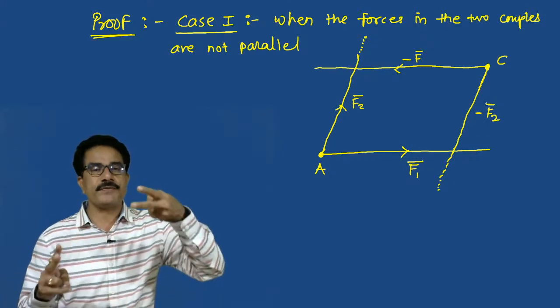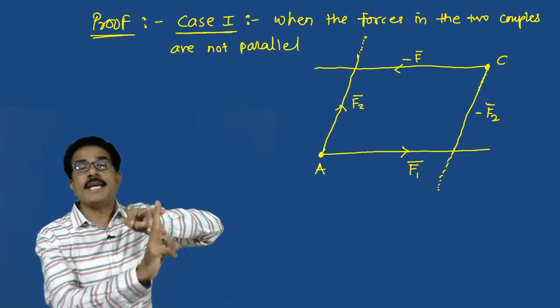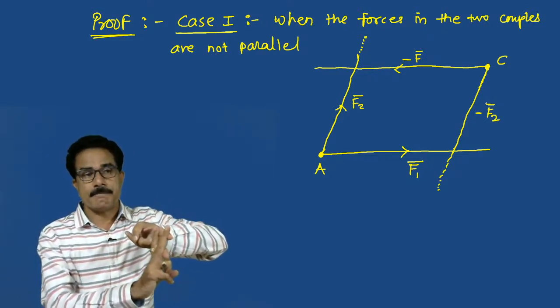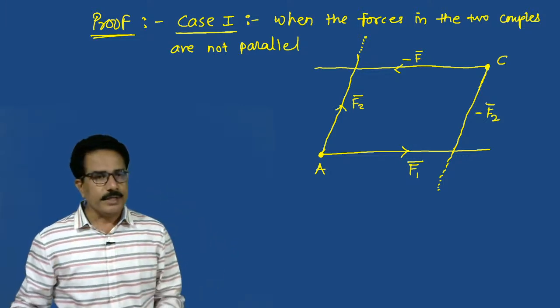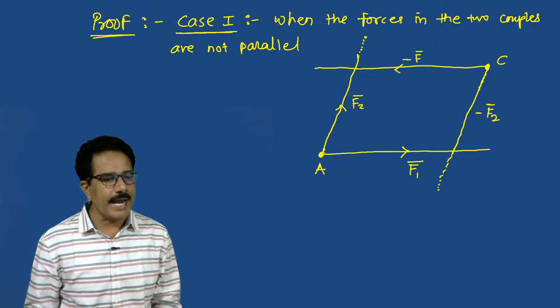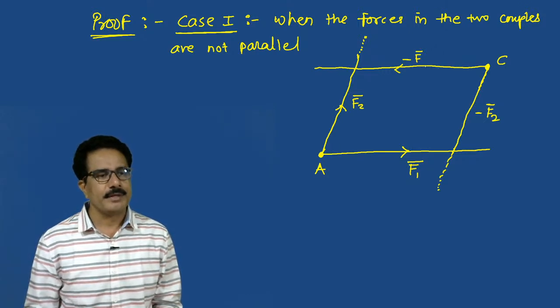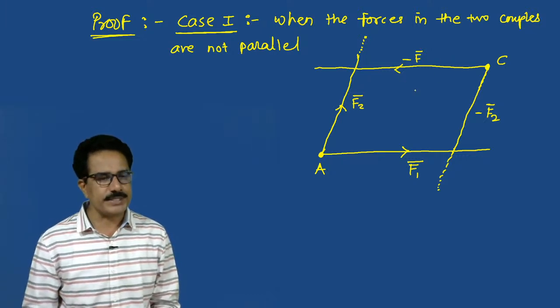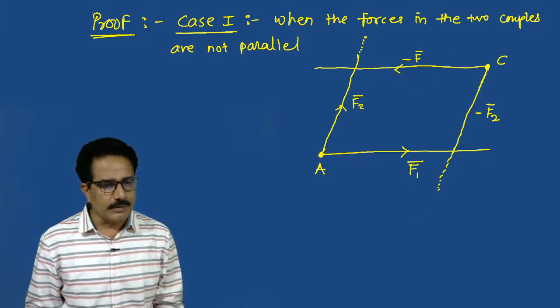In this way, this is the first couple, this is the second couple, they are intersecting each other. If we consider this F1 bar and F2 bar acting at a point A, minus F1 bar, minus F2 bar acting at a point C. Now draw the arms of the couples.